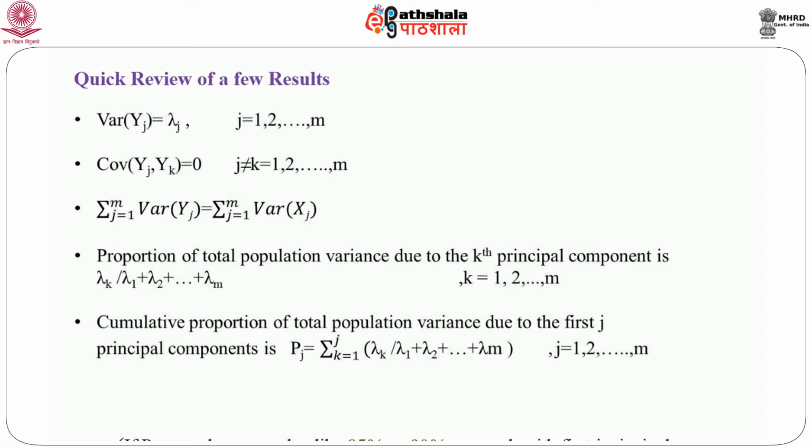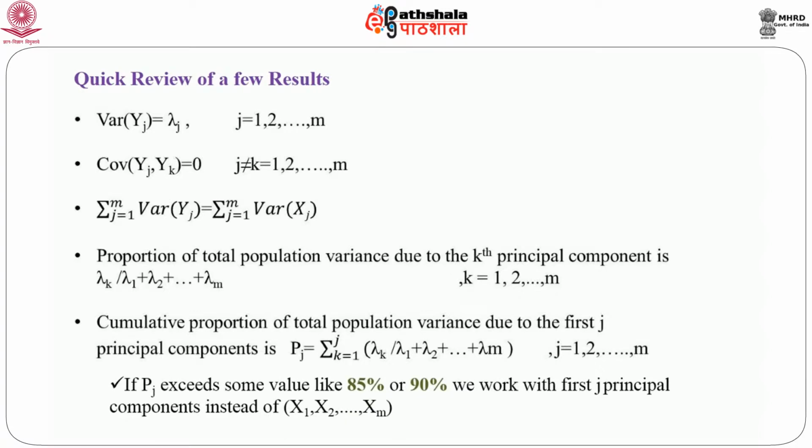It is given by the summation over k from 1 to j of lambda k divided by lambda 1 + lambda 2 + ... + lambda m, and j runs from 1 to m. If this Pj value exceeds some predefined percentage like 85% or 90%, then we work with the first j principal components instead of the original set of variables x1, x2, ..., xm.